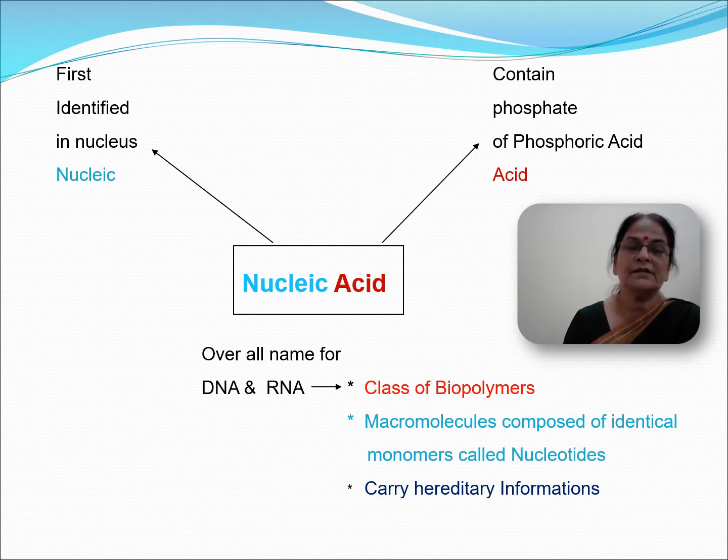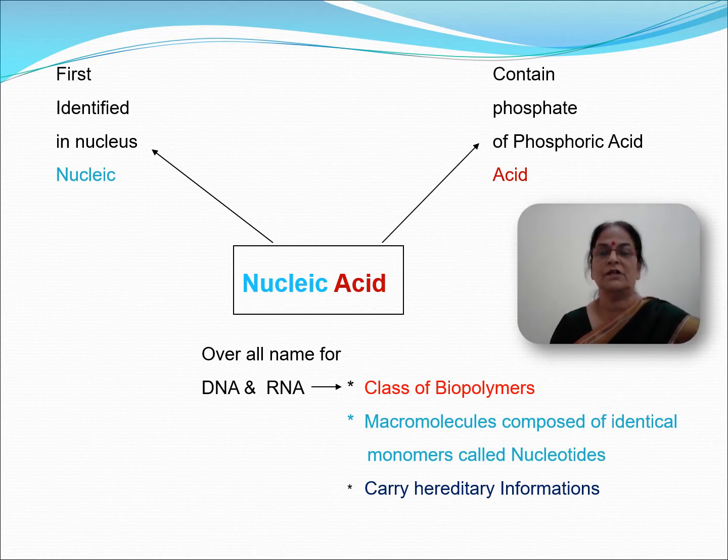Actually, nucleic acids are a class of biopolymers. Biopolymers, biologically synthesized. And polymer because these are macromolecules composed of many monomers which are called nucleotides, and nucleic acids carry hereditary information.